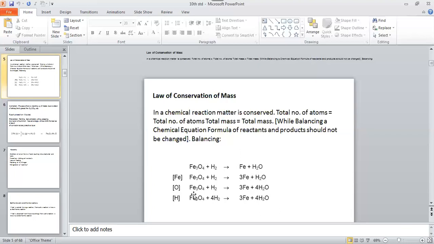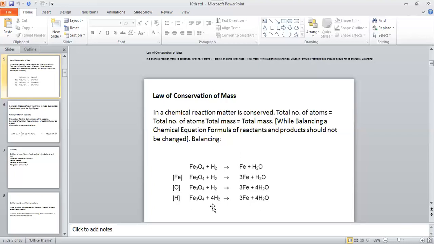Now remaining is hydrogen. We know in equation 3, the hydrogen number on the reactant side is 2, but on the product side it is 4 times H2, meaning 8 H. So how is it balanced in the fourth equation? By multiplying H2 with 4, so that here H atoms are 8 and here also hydrogen atoms are 8.